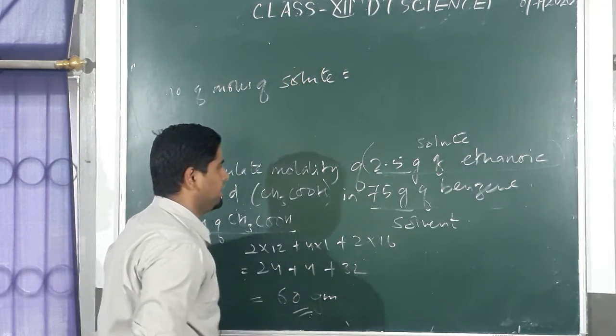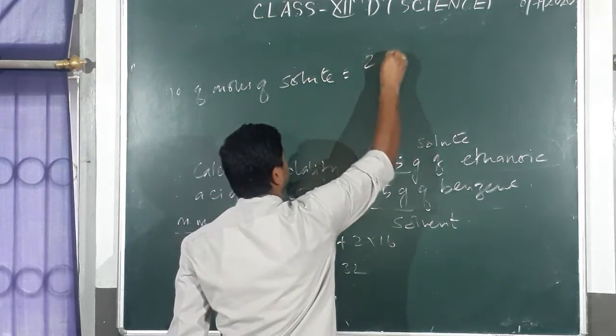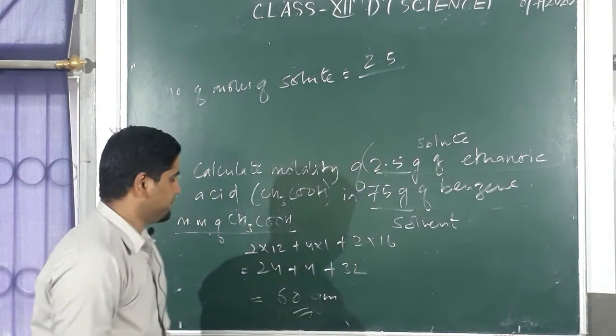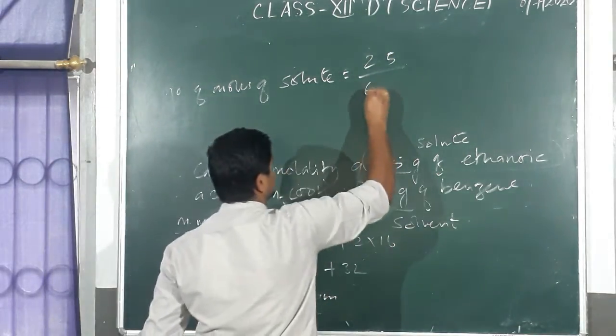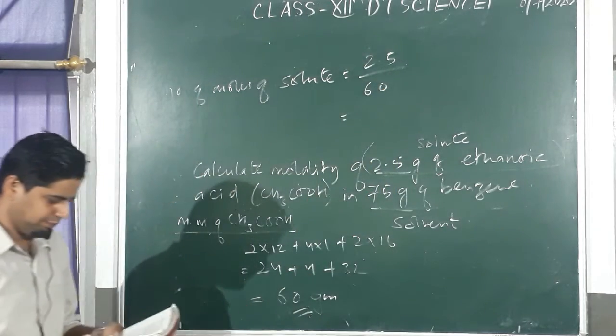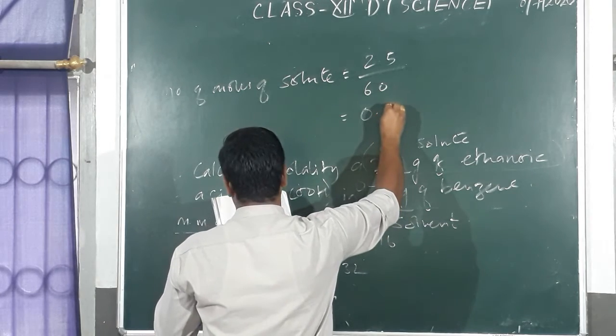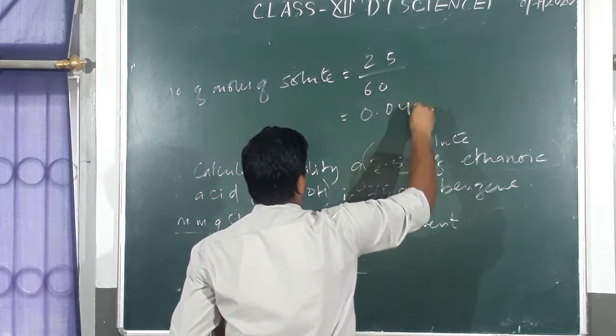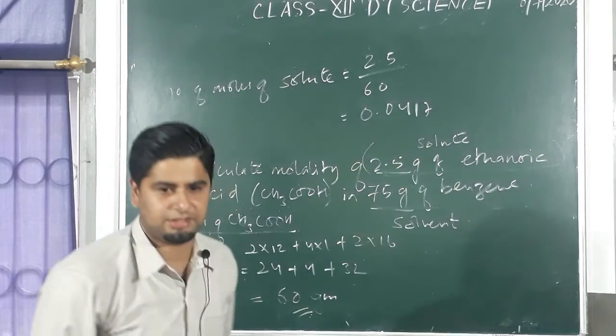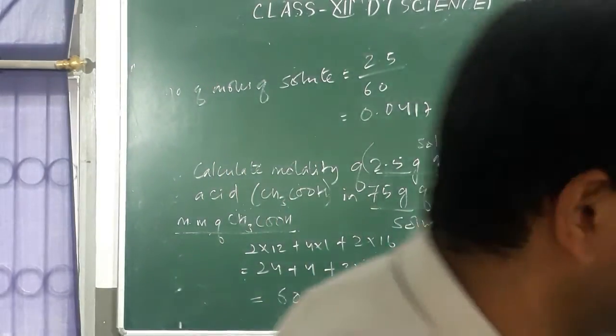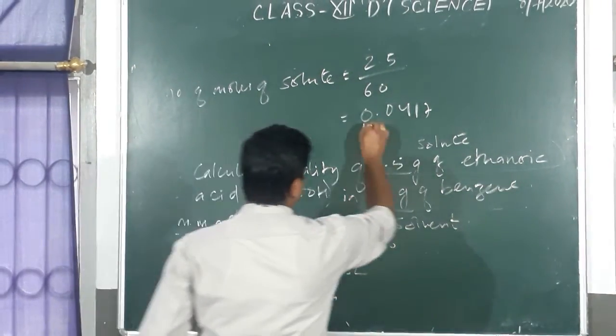Weight given is 2.5, molecular mass is 60. What will be the number of moles? 0.0417, if you calculate, you'll get this. This is the number of moles.